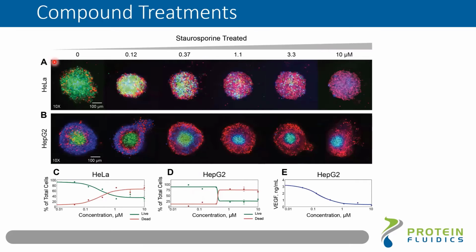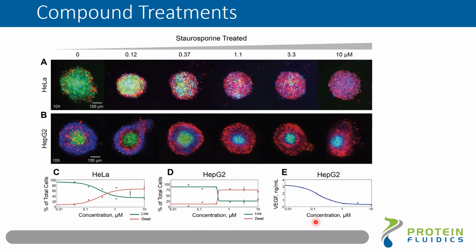If you want to look at compound treatments, each lane in your Flowchip can be a different concentration of a compound. In this case, we're showing staurosporine treatment for both the HeLa cells and HepG2 cells, and you see a nice concentration-dependent response. If you do the image analysis, you can see the increase in dead cells and decrease in live cells, and get EC50 values from this.